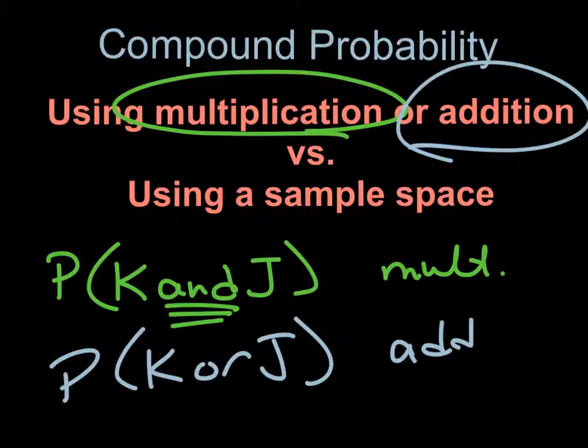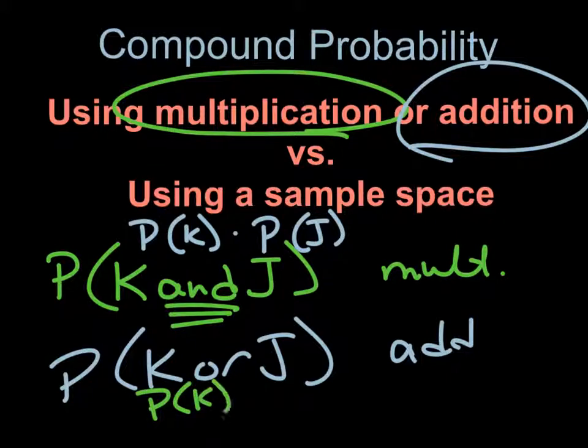When we say multiply or add, we're finding the probability of a king times the probability of the jack by itself. Same way with the other one: if I was adding, I would do the probability of the king by itself plus the probability of the jack by itself. And that is, I think, where some people were getting mixed up.